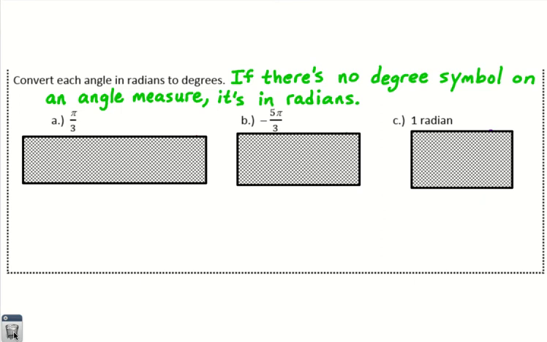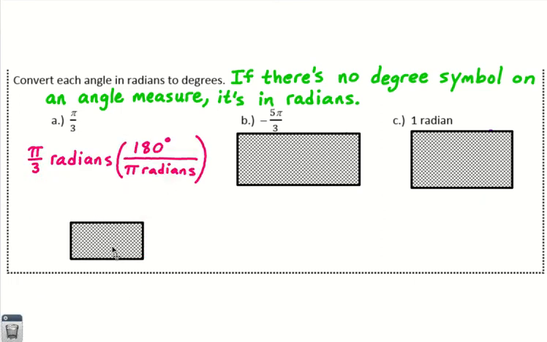But if we're going from now pi over 3 radians to degrees, now we're going to multiply by the same fraction but flipped, because now we want the radian units to be on the bottom, because now we want the radians to go away and degrees to be left over.